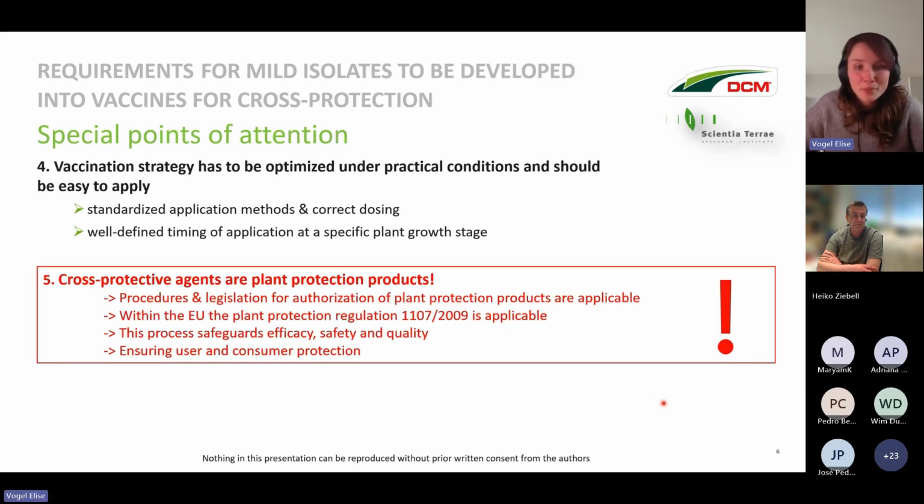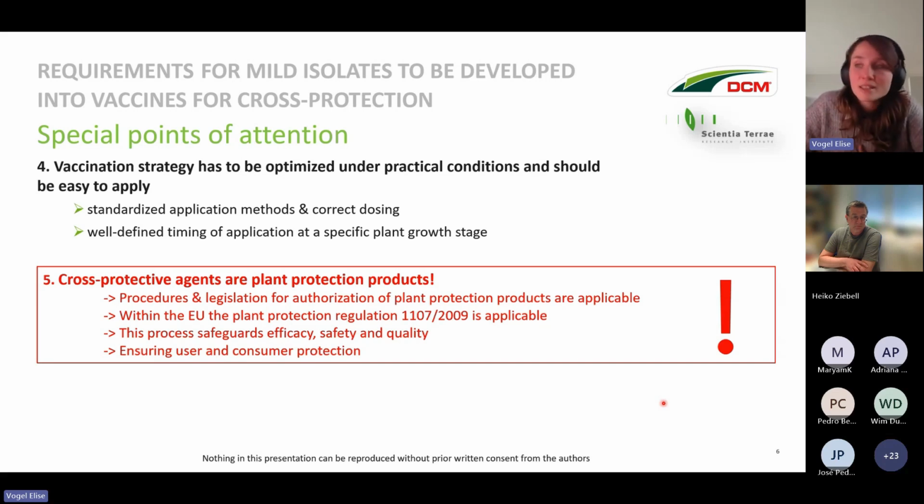Finally, maybe it already became a bit clear while I was listing the requirements, but cross-protection agents are, of course, plant protection products. So this whole list of requirements is one thing, but there are also many different procedures and legislation for authorization of plant protection products applicable. And within the EU, it is particularly Plant Protection Regulation 1107/2009 that is applicable.